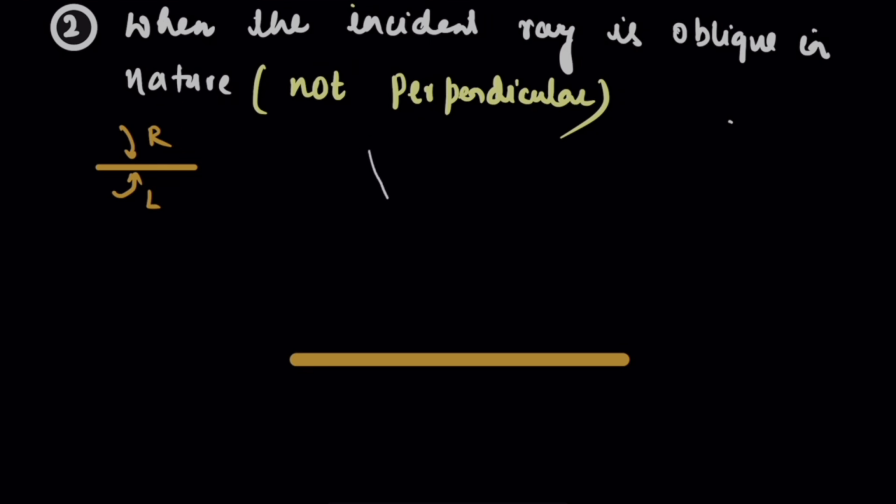This is our left side and this is the right side. Both are parallel to each other. Here you might think that the left one is more in length than the right one, but actually it's not like that. If I try to merge these two rays, both are the same in length.